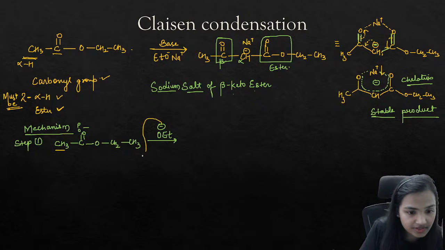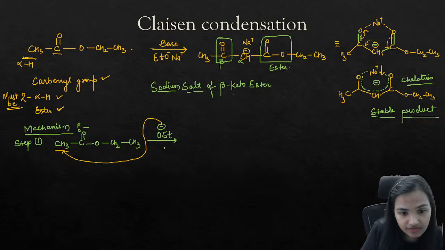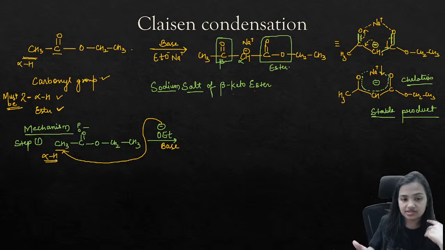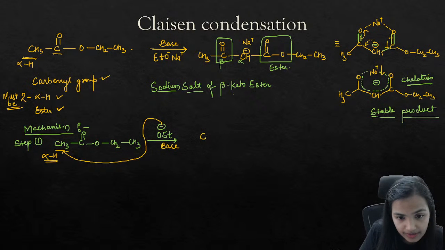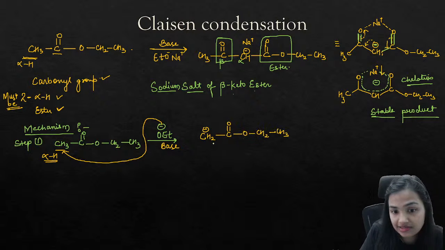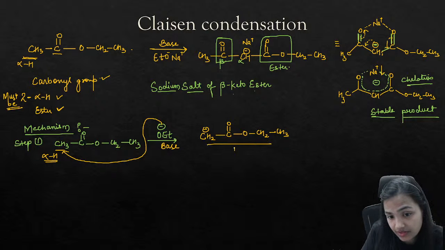So here we have the acidic hydrogen. Of course, it will act as a base if there is a presence of alpha hydrogen. If you have the alpha hydrogen, it will be more reactive as a base, not as a nucleophile. It will abstract the acidic hydrogen. You will be getting this, and this is a better nucleophile.